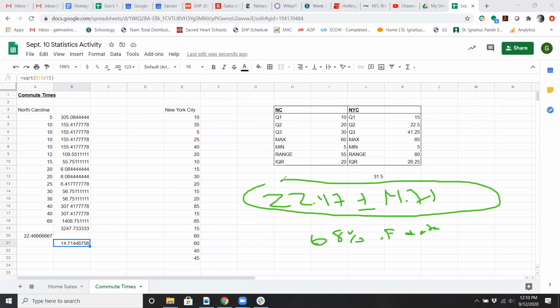And this is what we call a normal distribution, which we'll have that discussion later in the semester. But for now, we want to make sure we can compute the standard deviation.